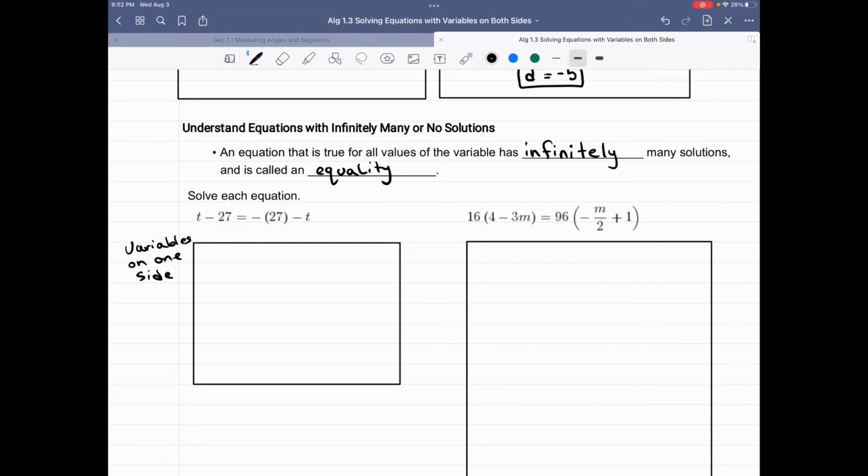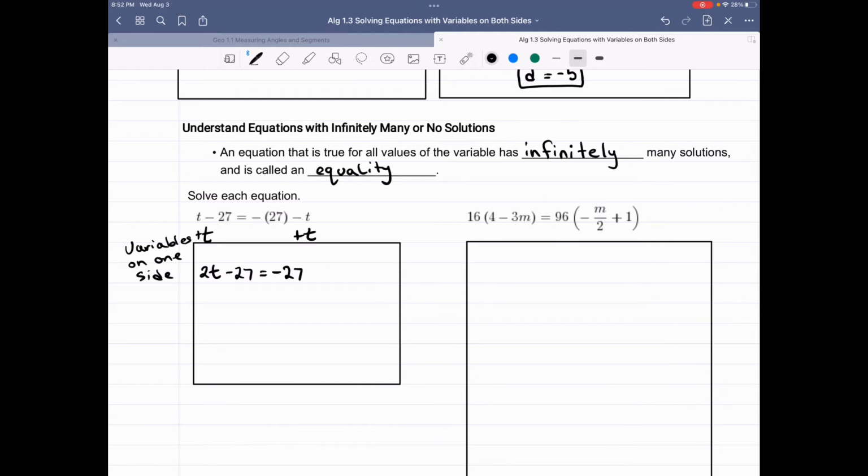So to do that, I'm going to add t to the other t. If I add t to t, I'm going to have two t's. Just like with our algebra tiles, you remember the x's? If we put an x with another x, that's going to be 2x. So this is going to be 2t. Bring down the minus 27 equals, bring down the minus 27.